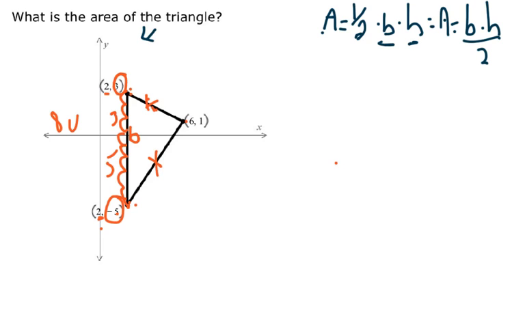Our height on this one, remember, height has to be, I'm going to clear a little bit of this out so we can see it here, sorry. Our height can't be leaning sideways, so since this is our base, it's going to be from there to there. How far is it from there to there? There's my right angle right there. So my 2 coordinates are 6, 1.